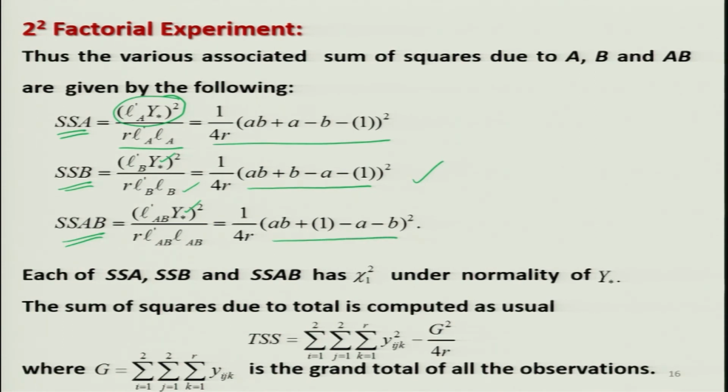Each of these SSA, SSB and SSAB has a chi-square 1 distribution under the assumption of normality of this y star.